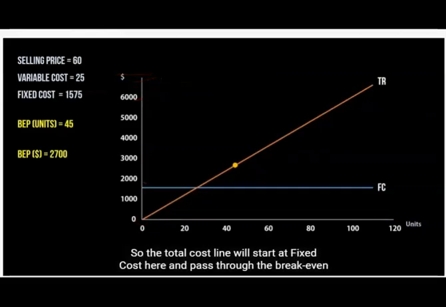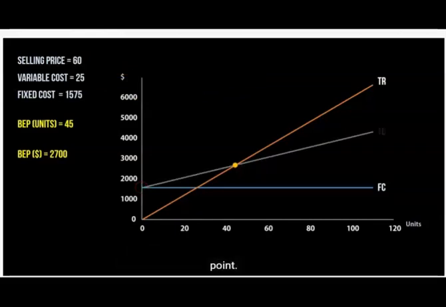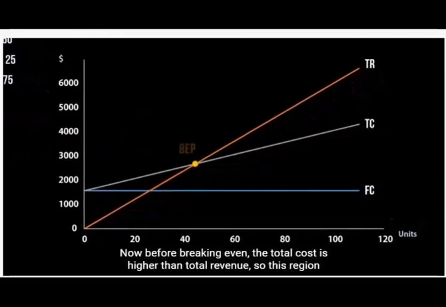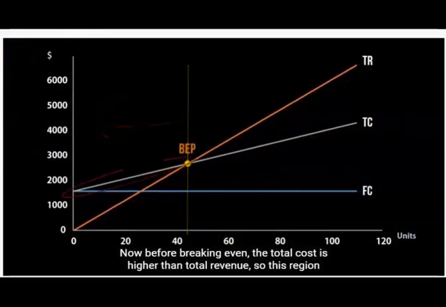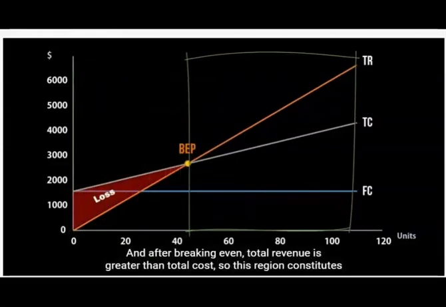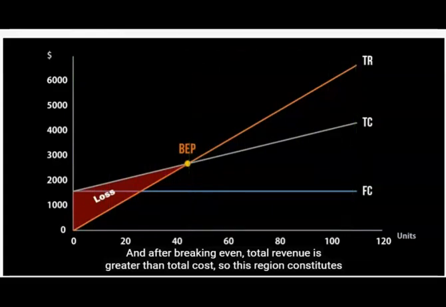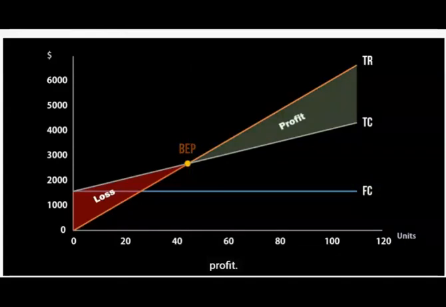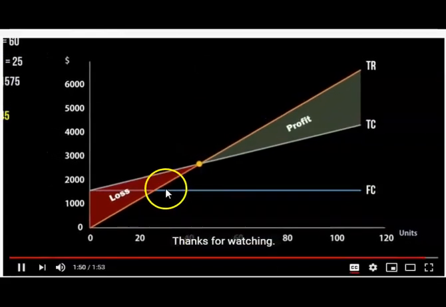So the total cost line will start at fixed cost here and pass through the break-even point. Now, before breaking even, the total cost is higher than total revenue. So this region here constitutes losses. And after breaking even, total revenue is greater than total cost. So this region constitutes profit. And that's it. Thanks for watching.